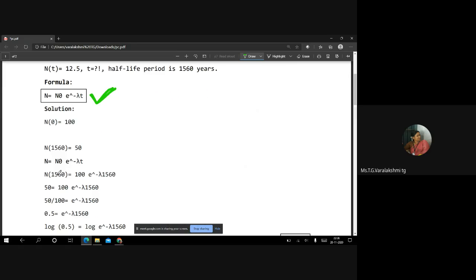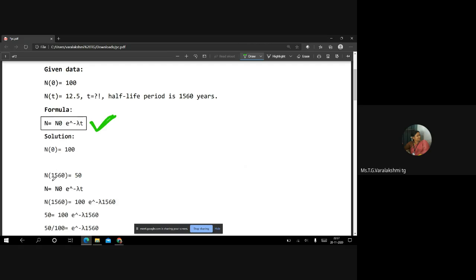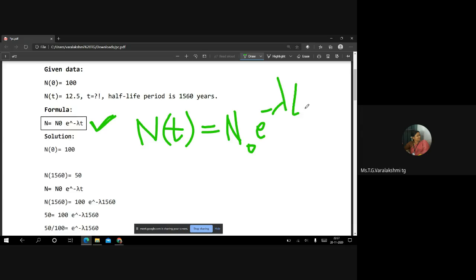The formula is N of t is equal to N naught e raised to minus lambda t. In the place of t, if I put 0, it will be N naught.